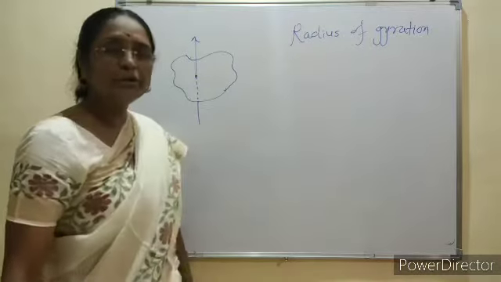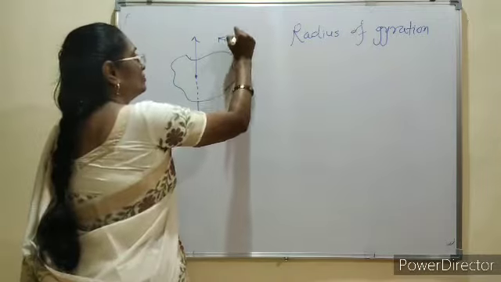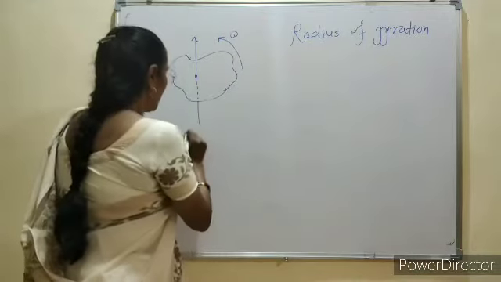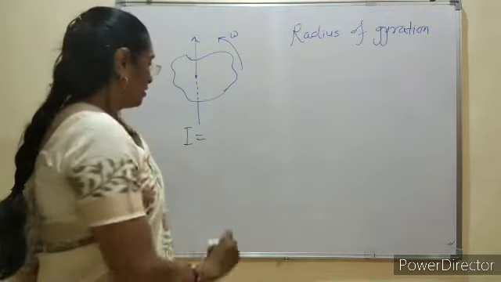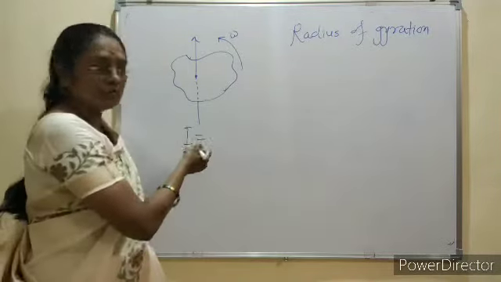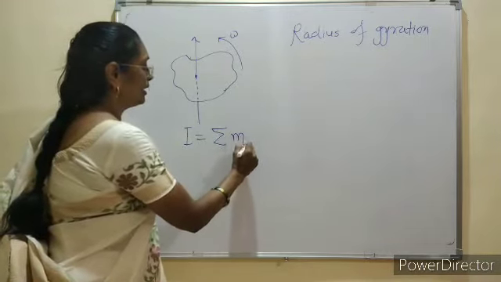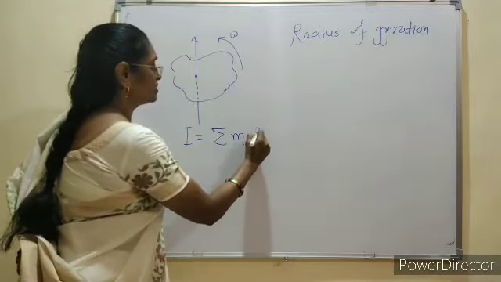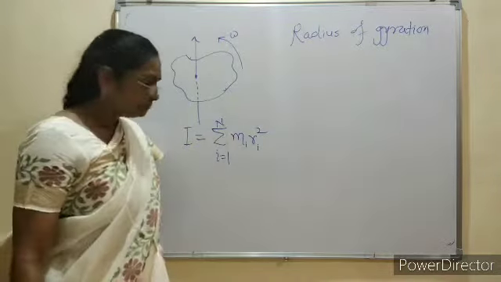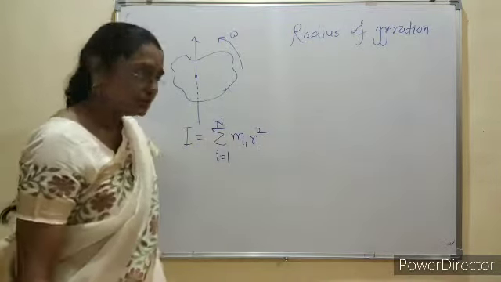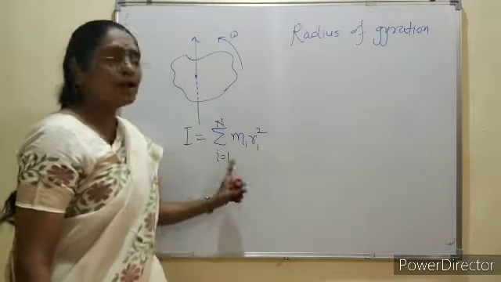Here the angular velocity is omega, and we obtained the relation for moment of inertia: I is equal to the summation of m(i) r(i) square, where i varies from 1 to n. It can be obtained mathematically by this relation.